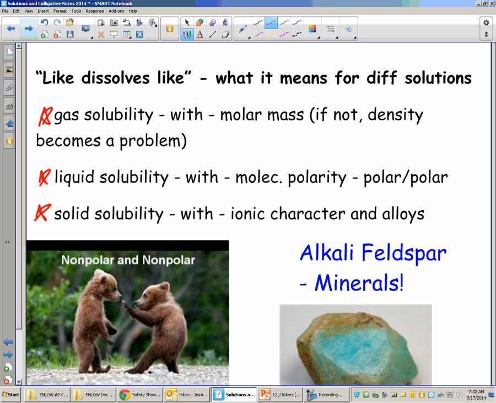So all those gases have their own mixture, but a lot of times we have a difference in gas mixtures if one is really, really dense. Because if molar mass is really great, then in a box of air, the dense ones will sink down, and the less dense ones will stay up here. And when you read about Lake Nyos, which is in Reading Guide 5, you'll see an example of that.